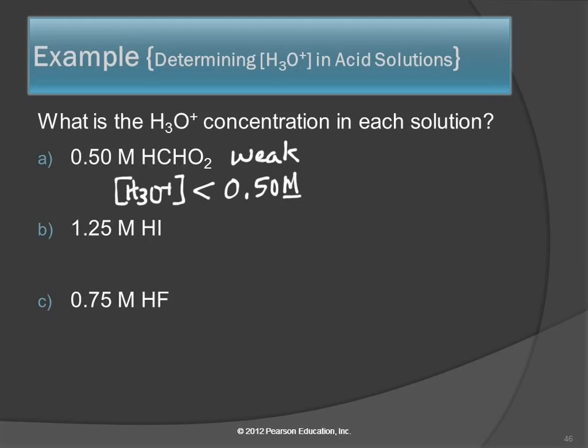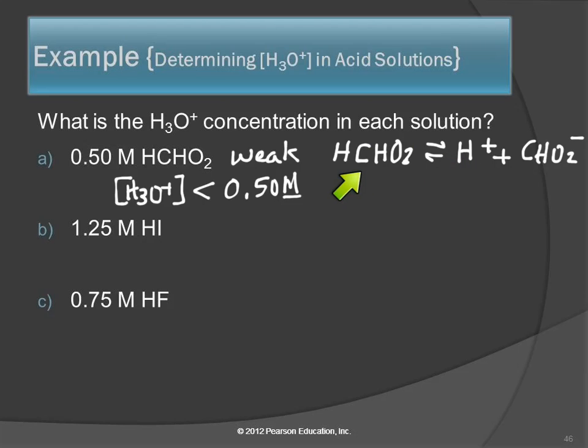Okay. Yes? I'm sorry, I just didn't understand what you're talking about when you say it's less than. How do you know H3O is less than 0.5? Okay, well, this will ionize. It's an acid. HCHO2. So it will ionize and form hydrogen ions and these formate ions. If this was a strong acid, it would all go to ions, and from every one of these, we would form one hydrogen ion.